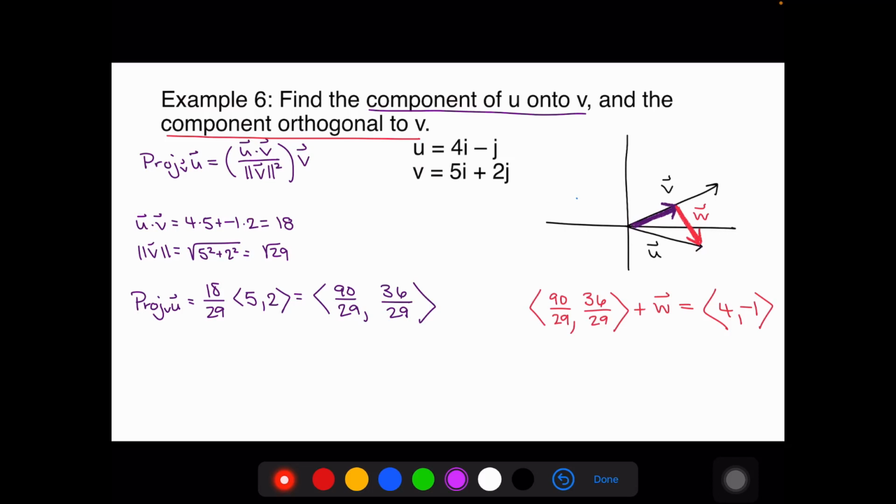So my projection, which was (90/29, 36/29), plus vector w has to equal vector u, which was (4, -1). So I can just solve for w by subtracting. Vector w would have to be the vector (4, -1) minus (90/29, 36/29). And I just subtracted the corresponding components and got (26/29, -65/29).